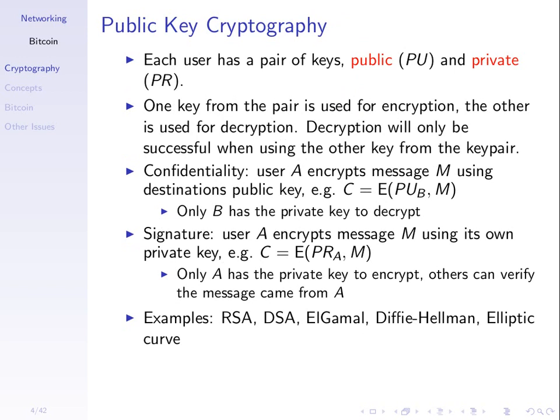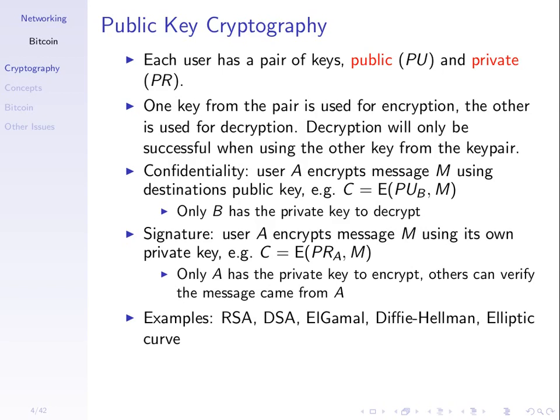So there's another form, public key cryptography. And we did see that a little bit last week, where we used email encryption using public key cryptography. So let's say about this, because it is used in Bitcoin. Each user has a pair of keys. So everyone in this room has, let's say you have your own key pair.